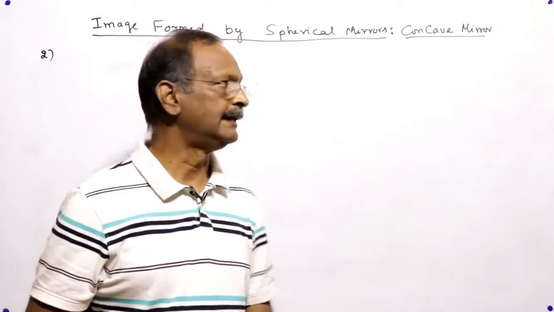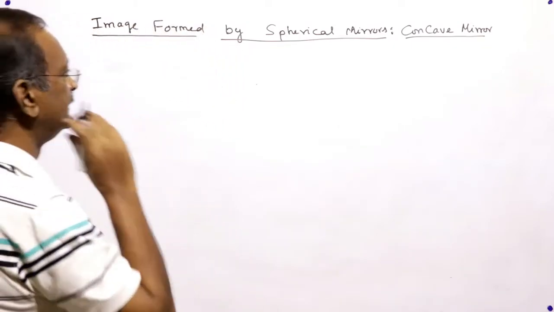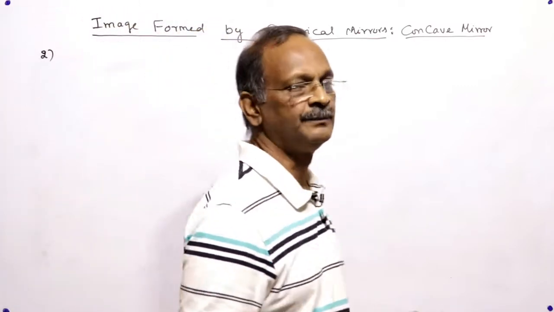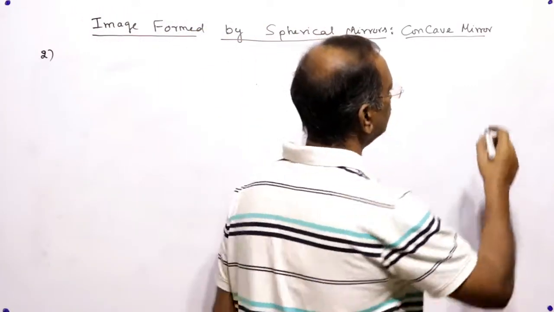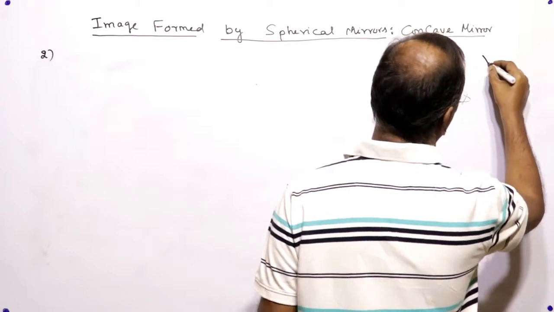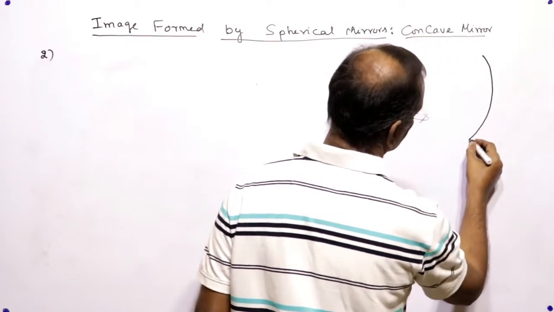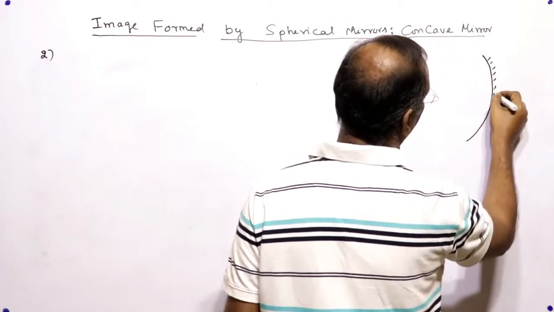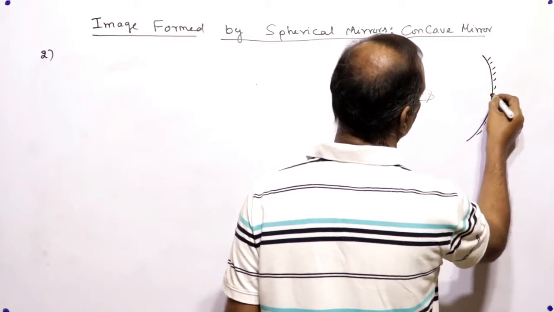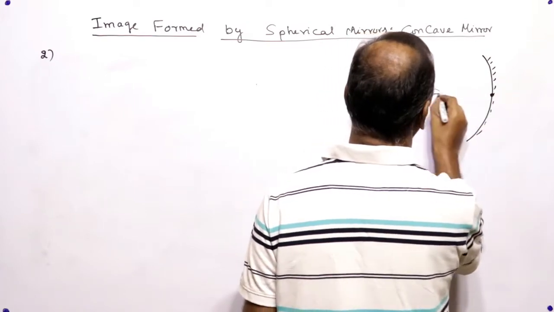Case 2. We see when the object is kept beyond C. This is a spherical mirror. This is the pole and this is the principal axis.